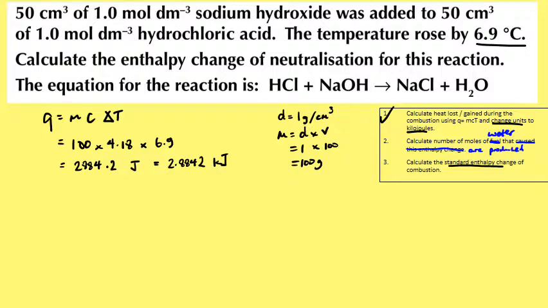All right, so this amount of heat, 2.8842 kilojoules, was given off when a certain number of moles of water were produced in this neutralization reaction. So step number 2, which I'll continue with in blue, that was step number 1. So step number 2, number of moles of water that have been produced.